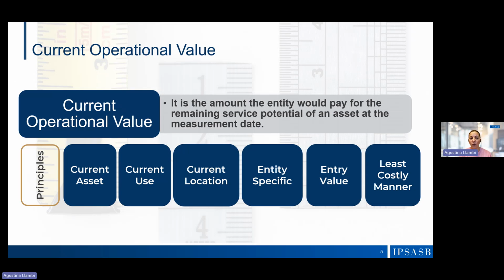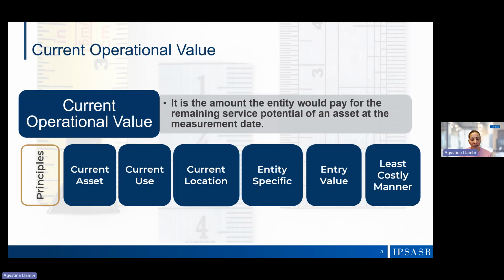First, it relates to the current asset, meaning an entity has an asset which has a certain condition and state, and the measurement looks to determine the current value of that asset, not an improved asset, not a different asset, not a modern equivalent. So what do I mean?